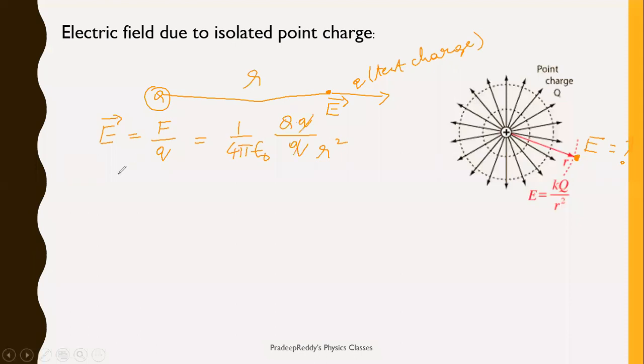Small q and small q get cancelled. So the electric field due to a point charge is equal to K capital Q divided by R square, and we are dealing only with magnitude over here.